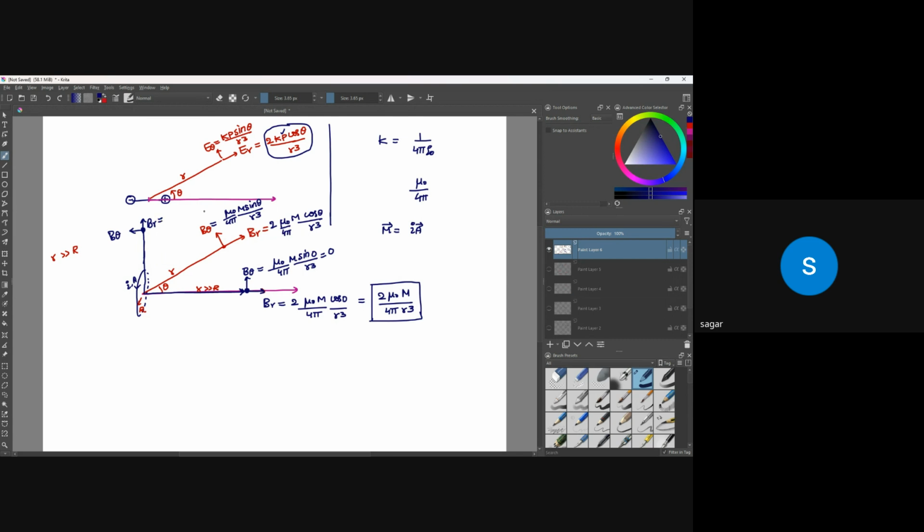So B_R has a cos theta term, right? And for this, theta is 90 degrees. So B_R is going to become 0 because cos 90 is 0. And B theta, well, mu naught M, sine theta is there here. So sine 90 is simply 1. So we just have mu naught M by 4 pi R cube.